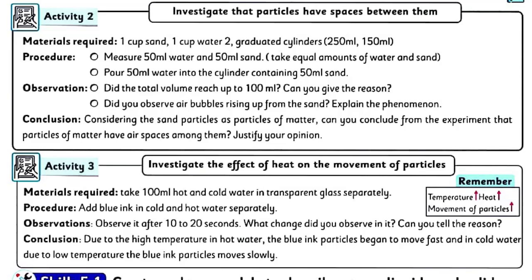Observations: observe it after 10 to 20 seconds. What change did you observe in it? Can you tell the reason? Conclusion: due to the high temperature in hot water, the blue ink particles begin to move fast, and in cold water, due to low temperature, the blue ink particles move slowly.